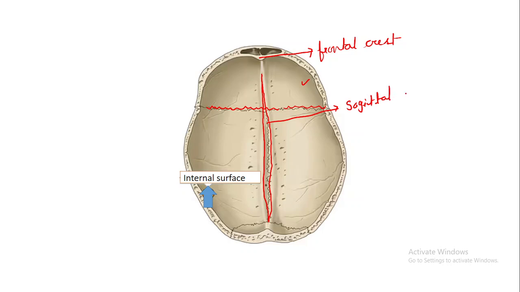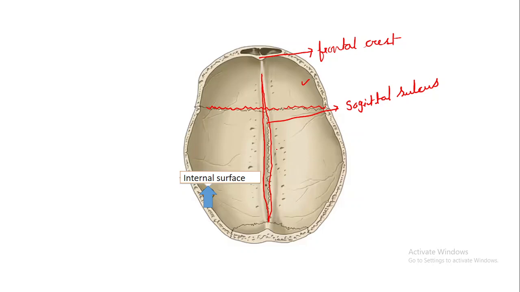Sagittal sulcus is a groove-like structure which lodges the superior sagittal sinus. Then there are many large granular pits present on both sides of the sagittal sulcus. These are called granular foveolae, and these are the impressions of arachnoid granulations.